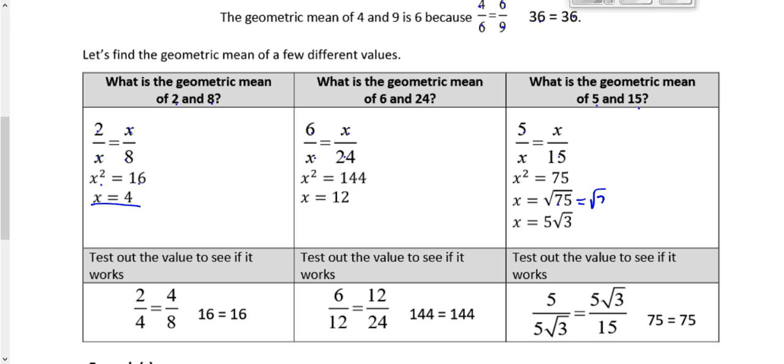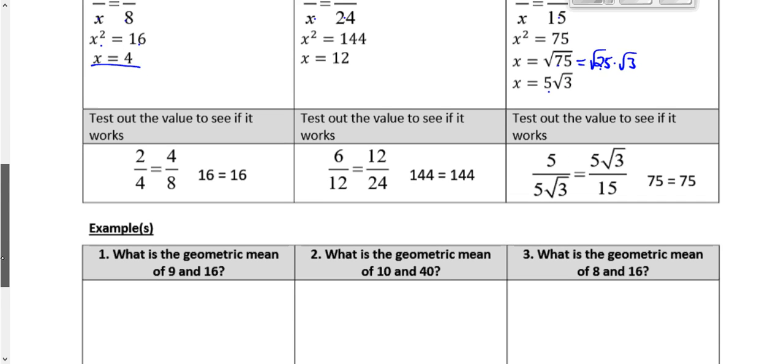Square root of 25 times the square root of 3. What's the square root of 25? 5. So the geometric mean of 5 and 15 is 5 square root of 3. That's why you learned that in the last lesson. You got the idea there?